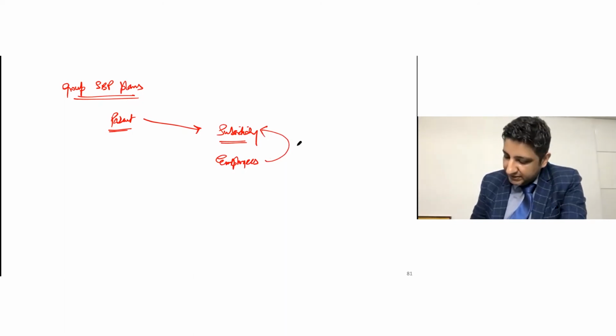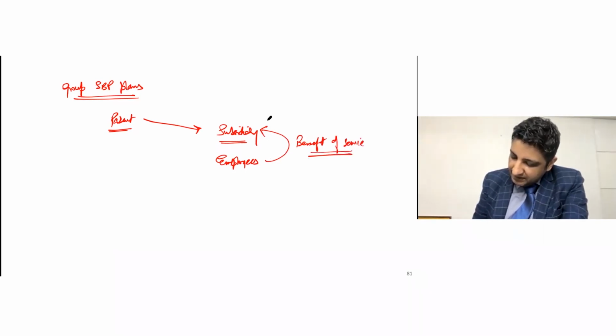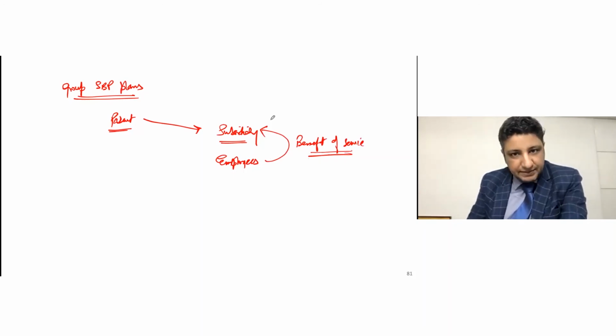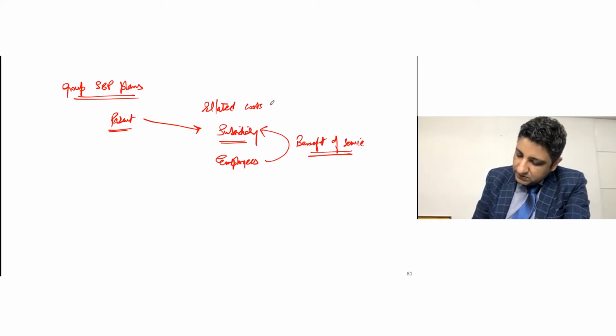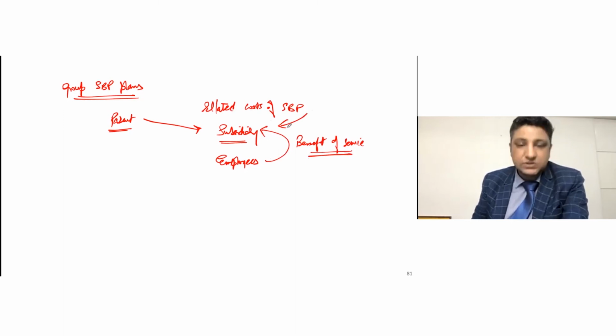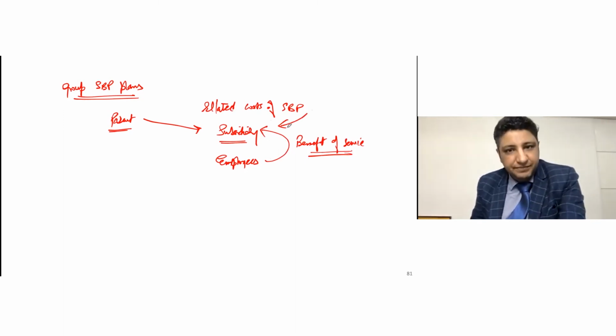So essentially, the benefit of service is provided to the subsidiary. So automatically we say that the related costs of share-based payments need to be also charged in the books of the subsidiary.